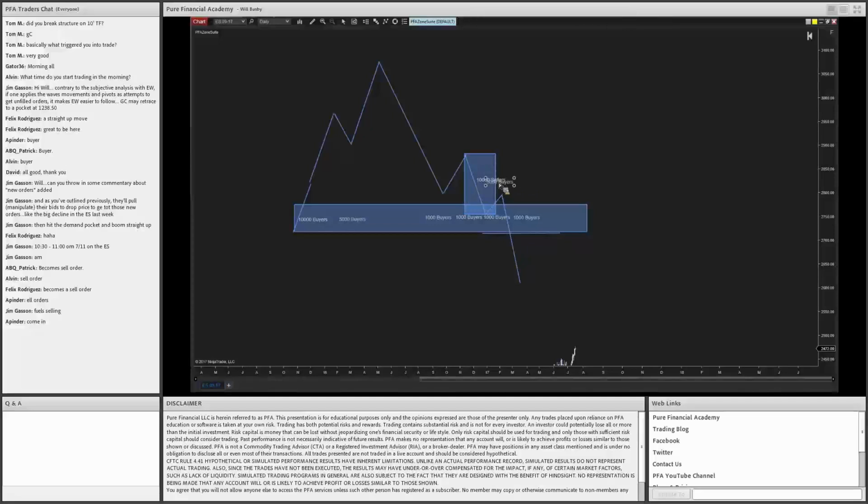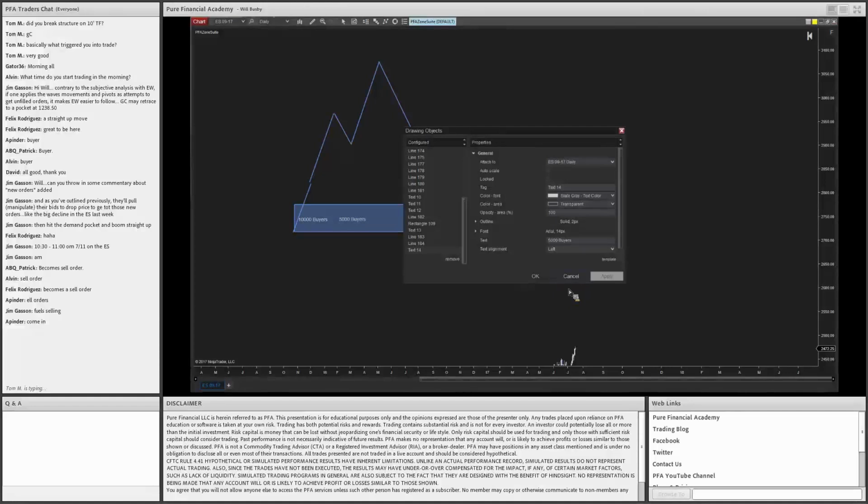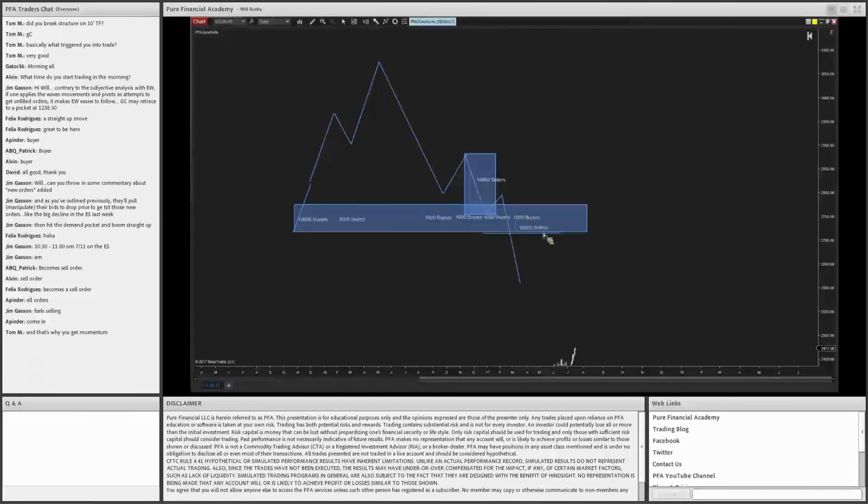But you have about 6,000 remaining sell orders left, and these orders right here. So we're going to do this. 6,000 plus those 4,000, what happens? You end up with 10,000 sellers again.